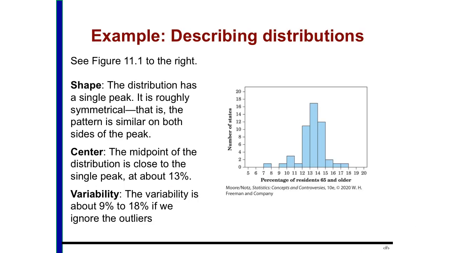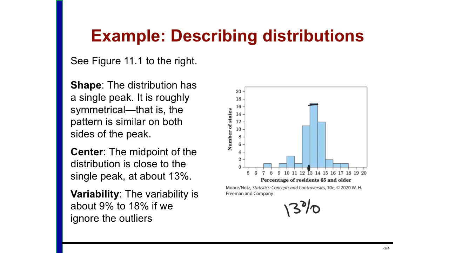So looking at our example, the shape, we kind of talked about it, it's symmetric. It has this single peak up here, and it's roughly symmetrical. So the pattern is similar on both sides of that peak. The midpoint, which they just did an approximate, but you can see where the middle of the data is right there at about 13%.